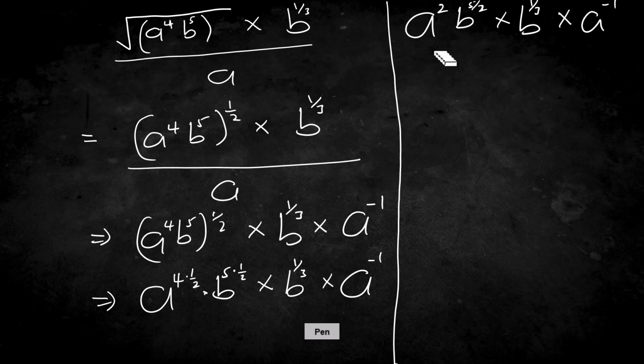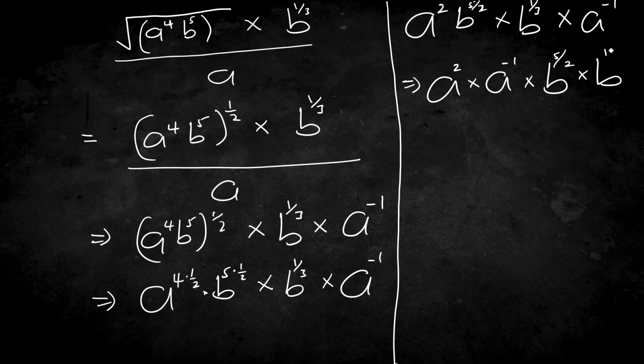Since they are multiplying, we can apply indices here. So we have a to the power 2 times a to the power minus 1, times b to the power 5 on 2, times b to the power 1 on 3.